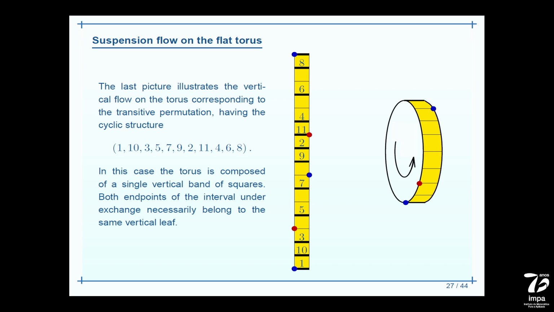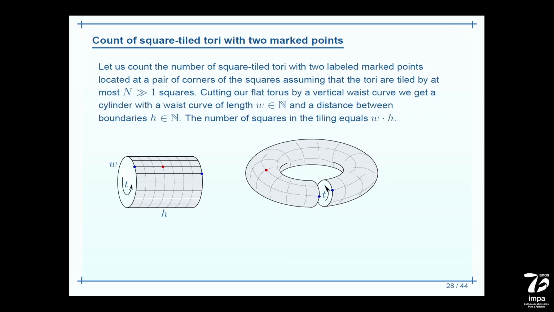OK, so this is a sort of geometric interpretation. Let me consider one more counting problem. I already confessed that I'm obsessed with square-tiled surfaces. I like to count them. Let me count two kinds of square-tiled tori. I can count square-tiled tori with two marked points.